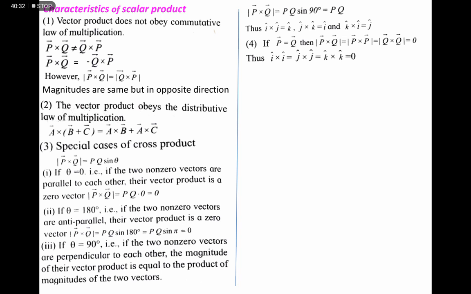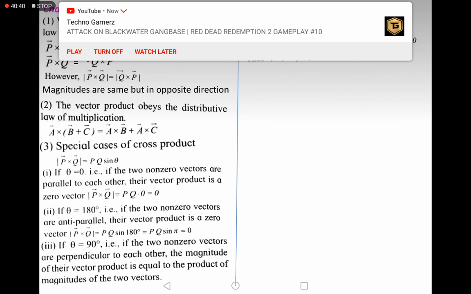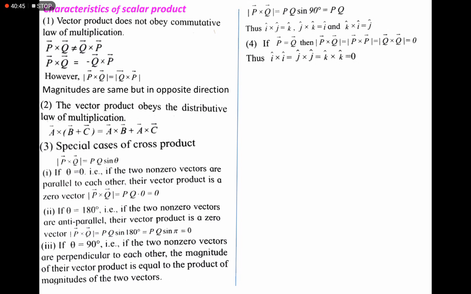K bar cross j bar is minus I bar, and I bar cross k bar is equal to minus j bar. This means that in the clockwise direction, the cross product of unit vectors gives the third vector negative. And I bar cross I bar, j bar cross j bar, k bar cross k bar is equal to 0. So the cross product of a unit vector with itself is 0.